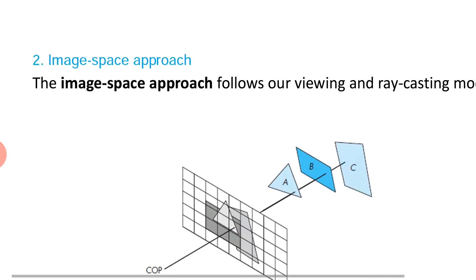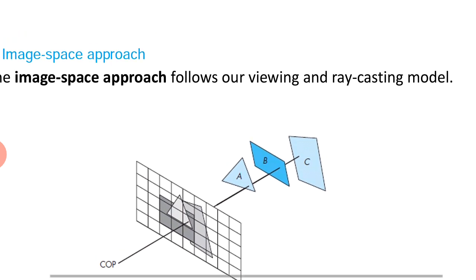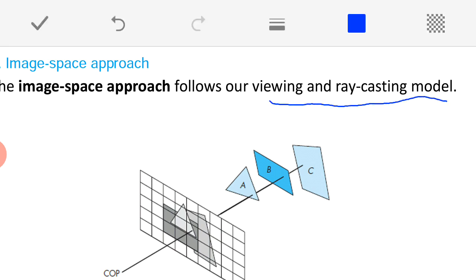Then we will go for the second approach. The second approach is the image space approach. This image space approach is going to work based on the ray casting model. Just try to understand the difference between image space and object space.